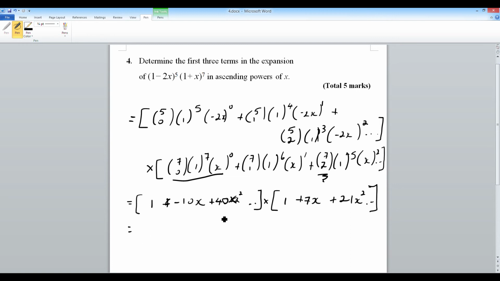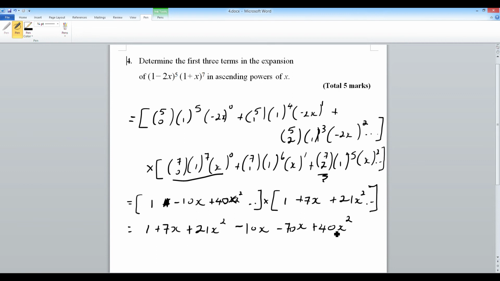Then I have 3 terms multiplied with 3 terms. Sorry for this mess here. If I were to expand this, I can say 1 multiplied with 1, 1 multiplied with 7x, 1 multiplied with 21x squared, and then I can take my second term and multiply it with everything else: -10x, -70x squared, and so on, then 40x squared multiplied with 7x will give me x cubed.